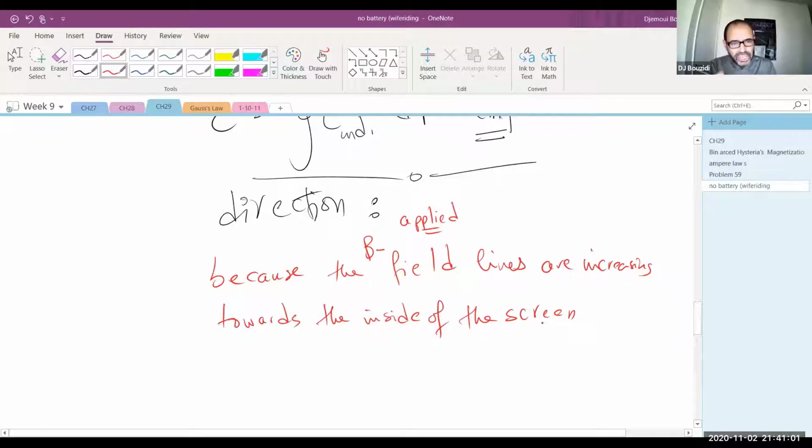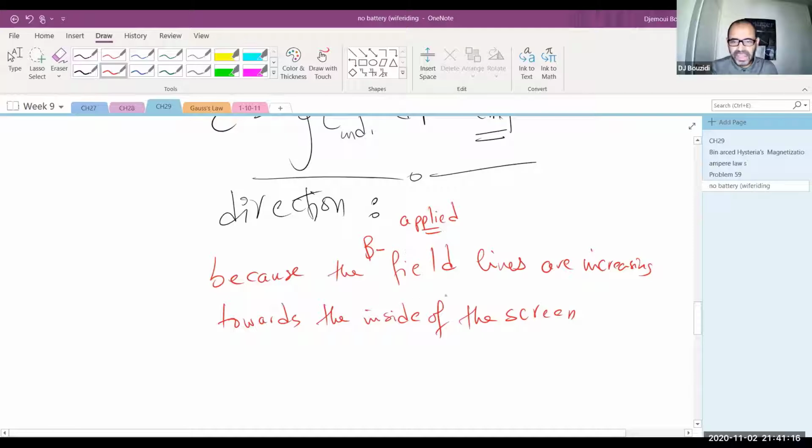I just showed that the charges will move counterclockwise because that's where the force is pointing. So in this case, if it's moving counterclockwise, the magnetic field that they create is going to be coming out of the screen.